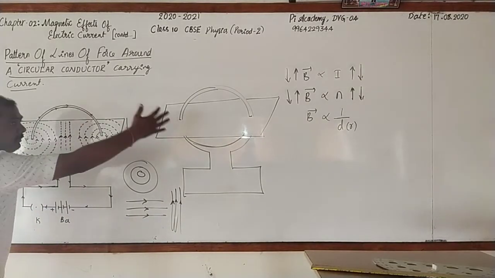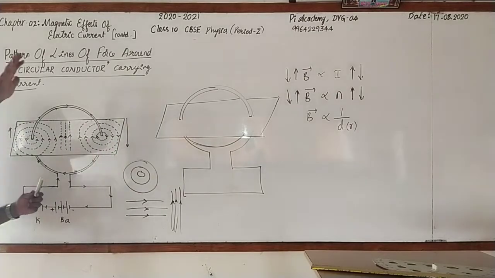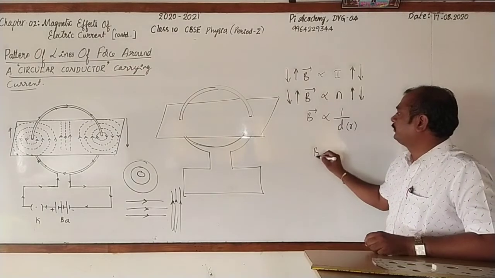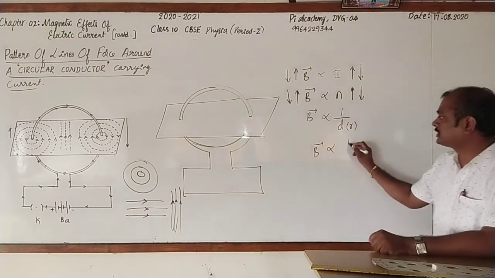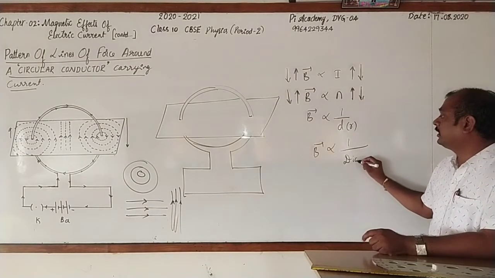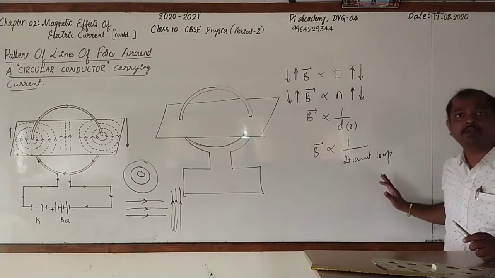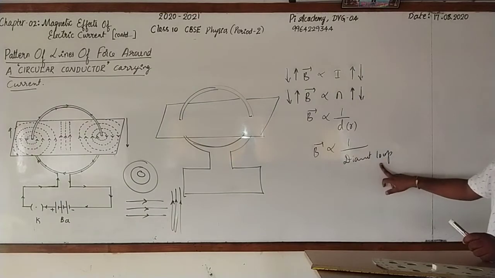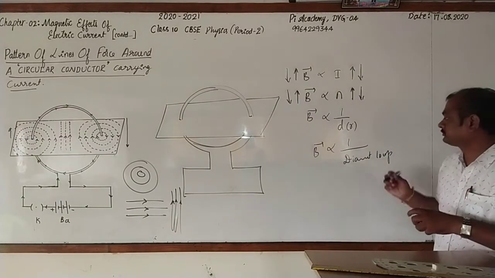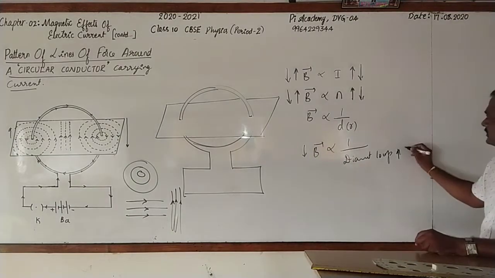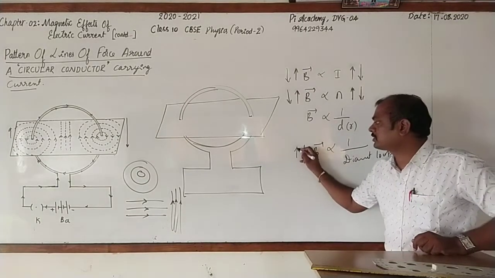As the diameter increases, field strength decreases. We can write the 4th point as field strength is inversely proportional to diameter of the loop or circular conductor. As the diameter increases, field strength decreases. As the diameter decreases, field strength increases.